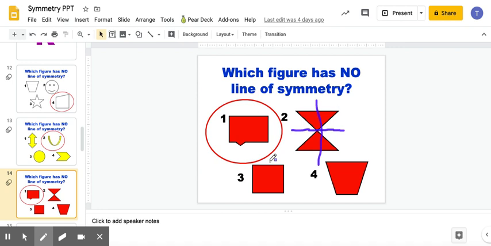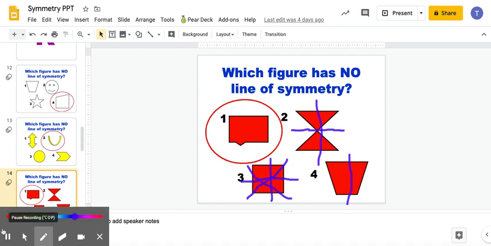Number 3, is a square, and I have one line of symmetry there, one there, one here, and I have one here. So a square has 4 lines of symmetry. Same thing on this trapezoid. You have one line of symmetry because I can fold it vertically, and it will look the same on both sides.